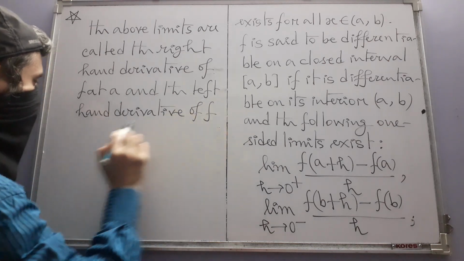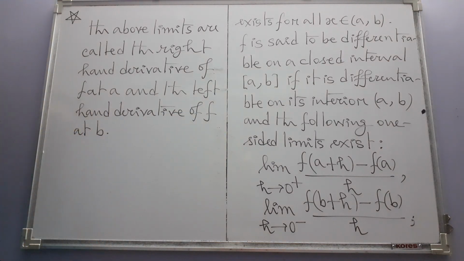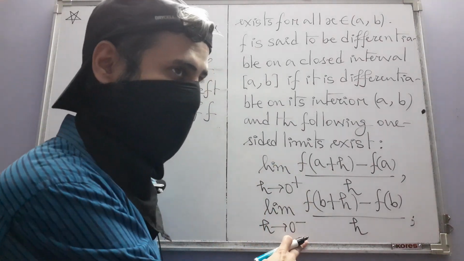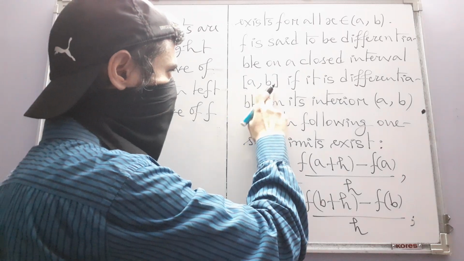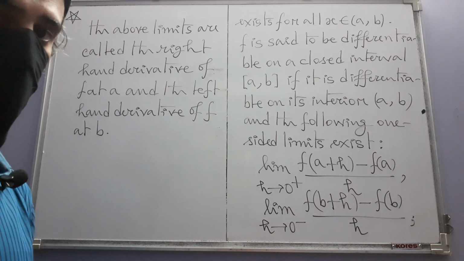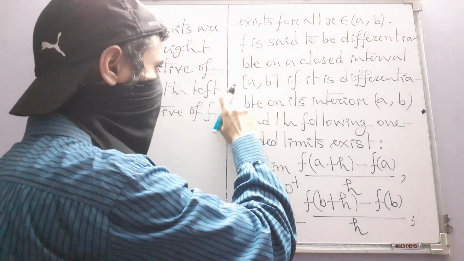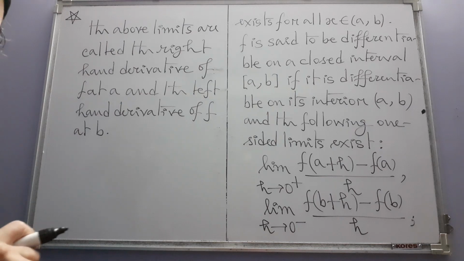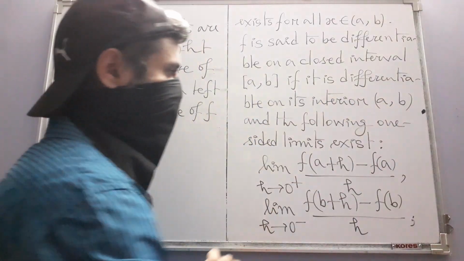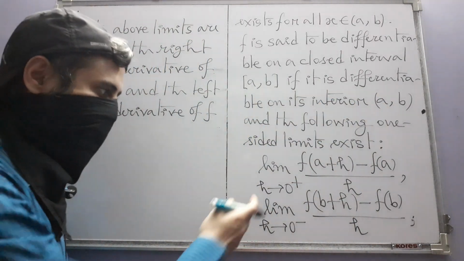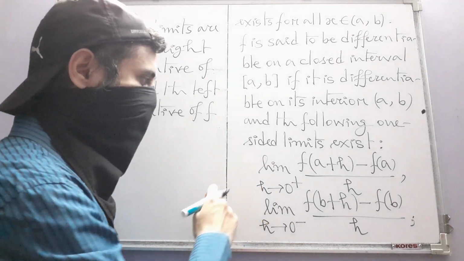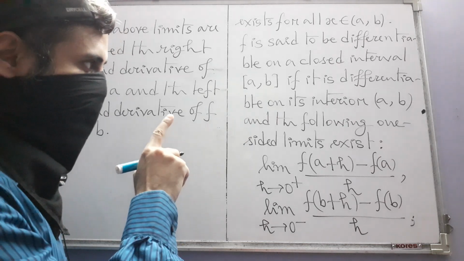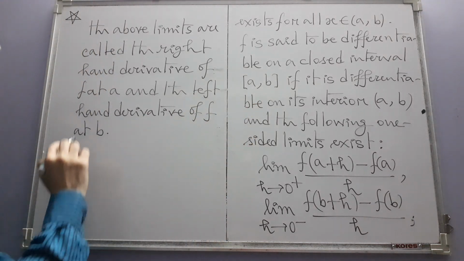Now here's the thing, we had to consider only these one-sided derivatives because of the nature of these points. They are endpoints of an interval, so f is not defined to the left of a or to the right of b. However, we can also do this for interior points as well. After all, these are limits. So just like we can consider the right hand limit and the left hand limit of a function at a point, such things can also be done for derivatives.